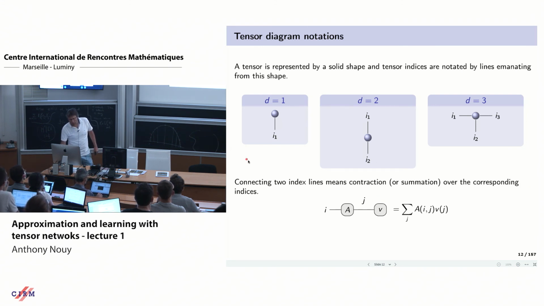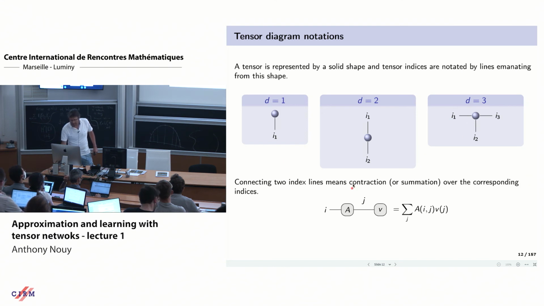This is a graphical representation of tensors that we call tensor diagram notation, where a tensor is represented by a solid shape that you see here, and tensor indices are notated by lines emanating from this shape. So here you have a tensor of order 1 with only one line emanating from the tensor with index i_1. Here you have the representation of a matrix with two indices, and here a third order tensor.